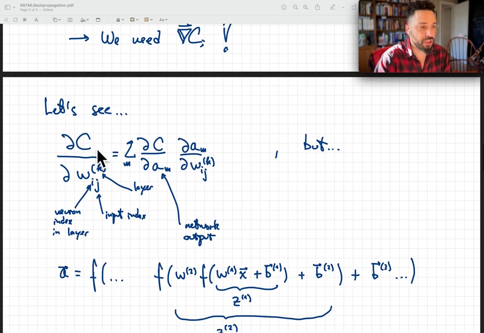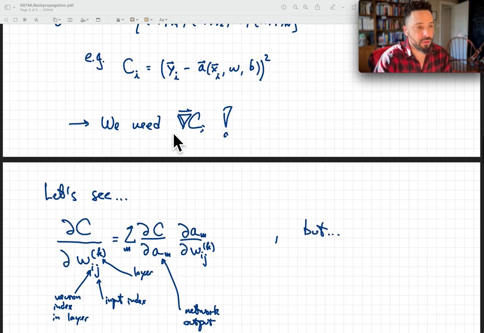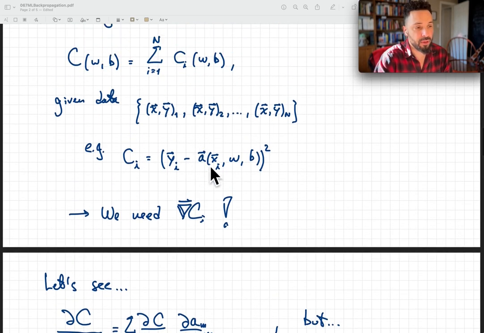So if we want the change in the cost function, and here I will omit the index i, but if you want the change in that function with respect to a weight on a given neuron for a given input index and on a given layer, then you have a complicated situation. You have to sum over all possible outputs of the network because this function C will depend, as you see in this example here, on the outputs of the network.